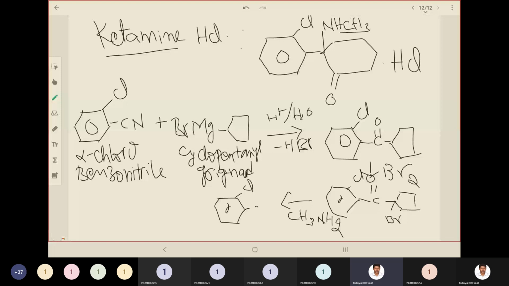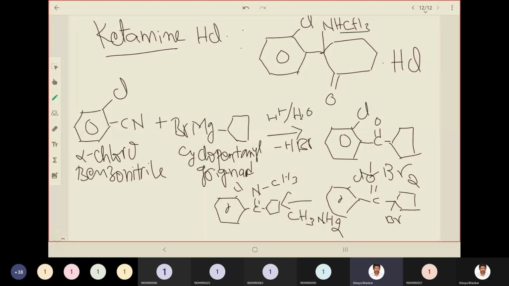C double bond N, CH3. And here you have cyclopentyl, to which you have OH.